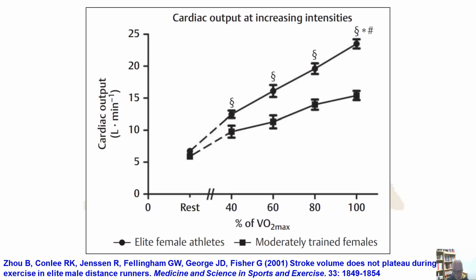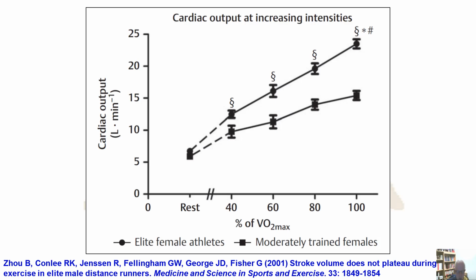Now, here we've got some data for moderately trained females and elite females. This is a nice little data set from Medicine and Science in Sports and Exercise. You've got your cardiac output on your y-axis, and your percentage of VO2 max on the x-axis. And you can see that at rest they have fairly similar cardiac outputs of just over 5 litres per minute, which is pretty standard.